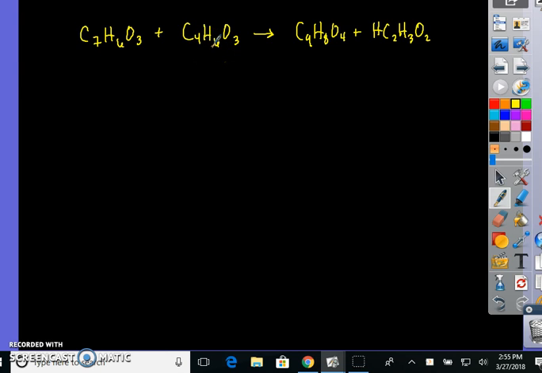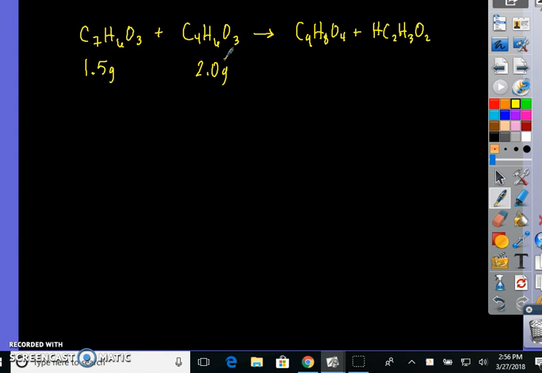So just don't quote me on that. All right, don't hold that against me if I got it wrong. But the problem says 1.5 grams of, I'm calling that salicylic acid, and 2.0 grams of acetic anhydride. Okay, and it goes on to tell me that the actual yield from the experiment was 1.5 grams.